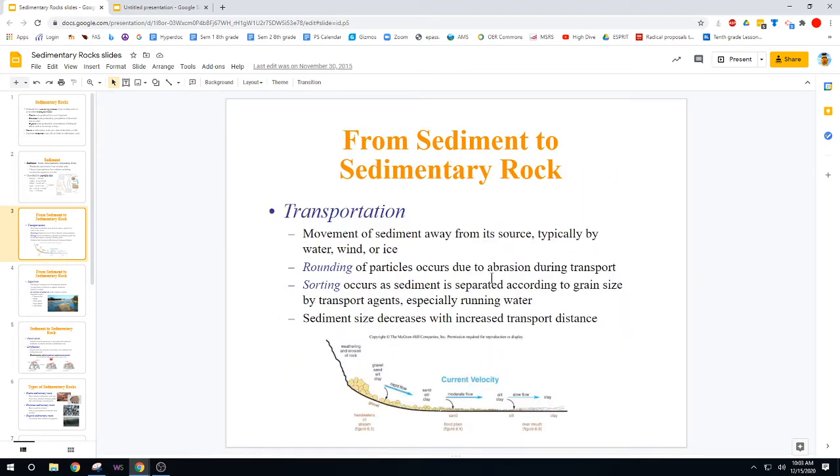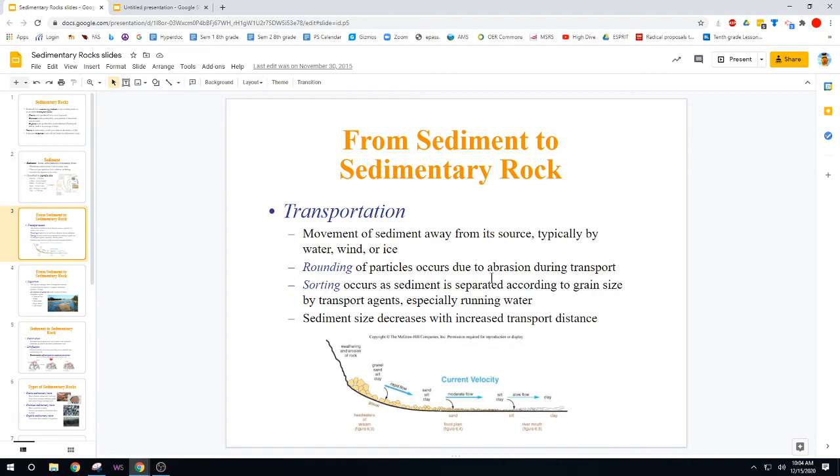So sediment comes from a bigger rock. Weathering is the breaking down, erosion is the moving. And as the sediment moves, it gets sorted by its size.